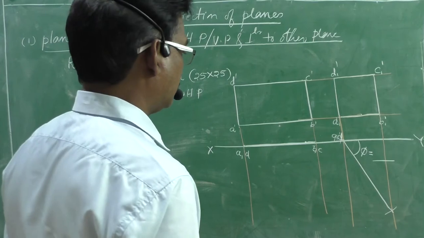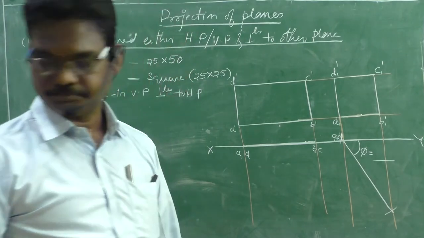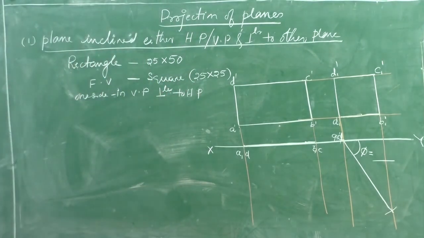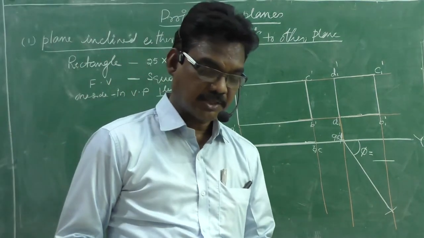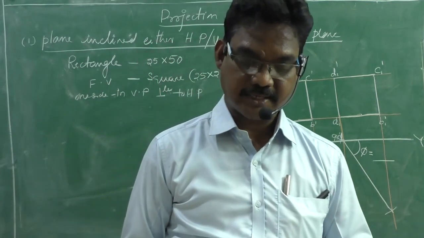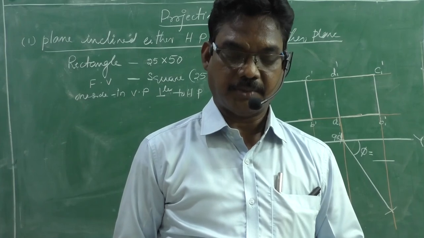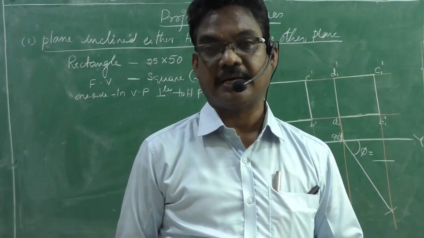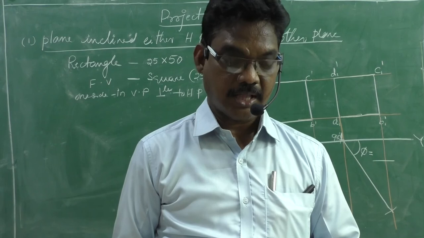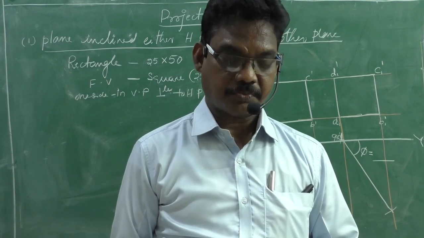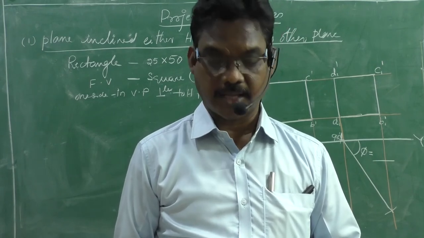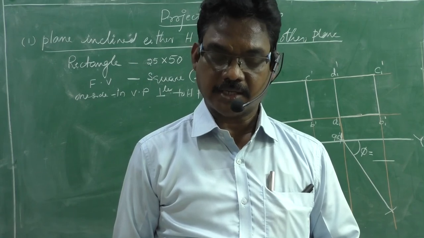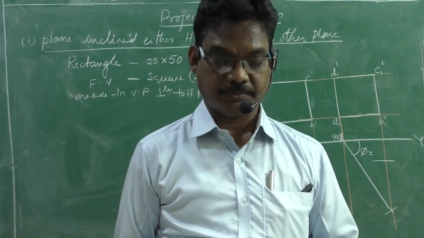Right. Now we will go for the next problem. Draw the projections of a circle of 50 mm diameter having its plane vertical and inclined at 30 degrees to VP.